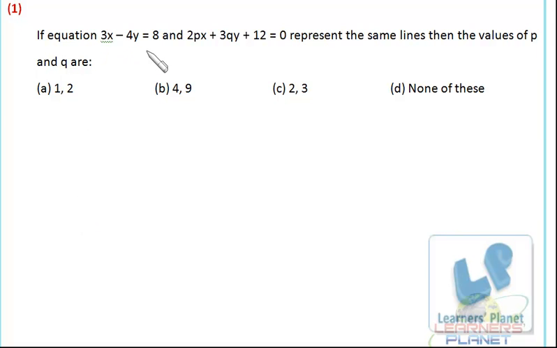If the equations 3x minus 4y is equal to 8 and 2px plus 3qy plus 12 represent the same line, then the values of p and q are? See, this concept you might have learned in your junior classes under the topic linear equations, right? If two equations represent the same line, that means the lines are coinciding. In that case, a1 by a2, that is the coefficient of x, is equal to b1 by b2, the coefficient of y, is equal to c1 by c2, that is the constant term, right?